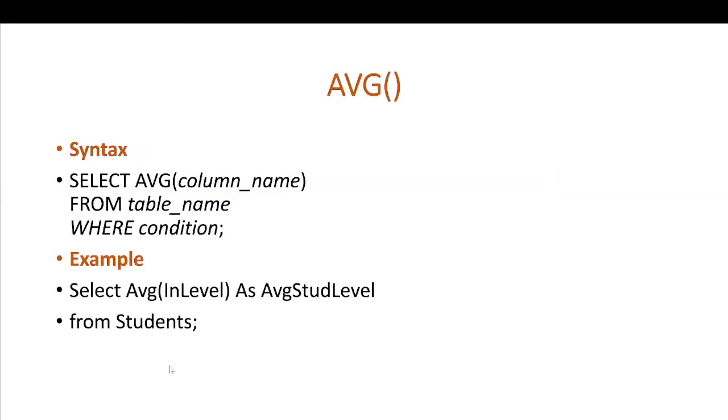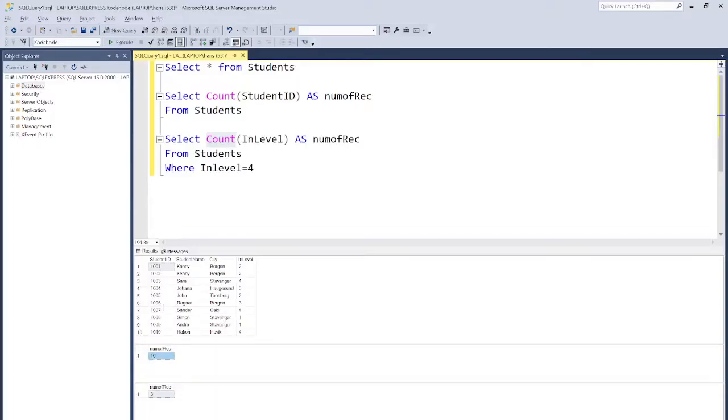And next, average. So in the same count place, if you write just average, it will help you to display the average value. Average, you will see, okay, it is displaying us 1005, which is the average record value.